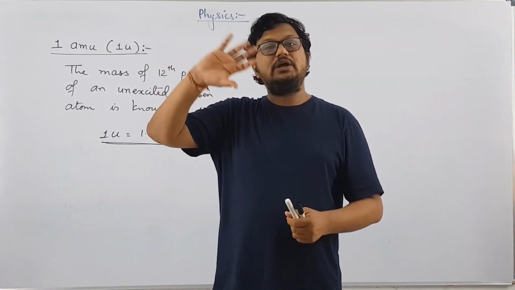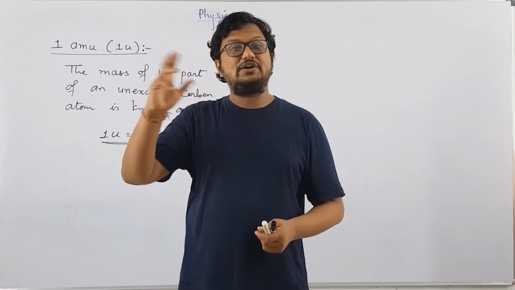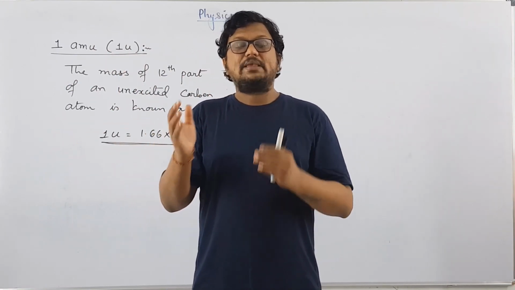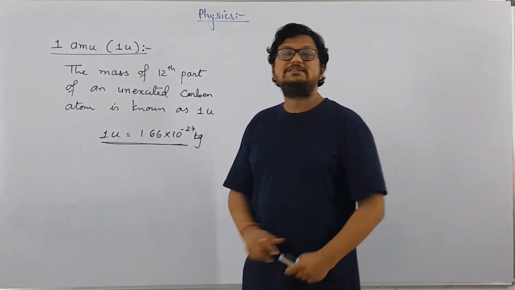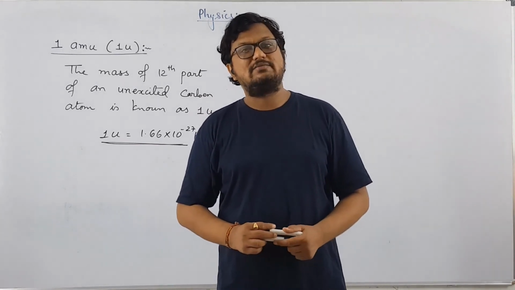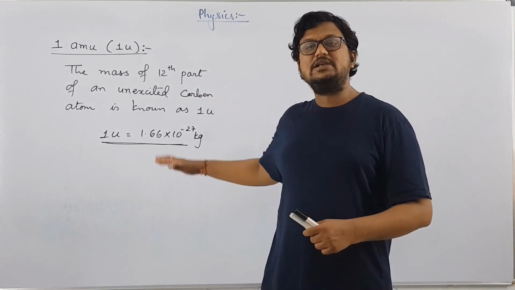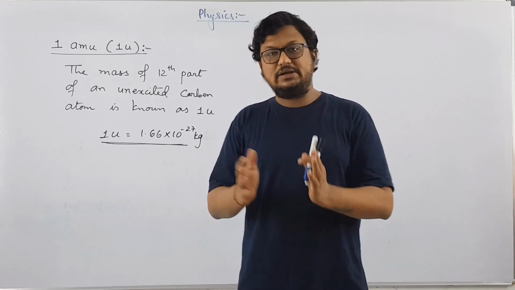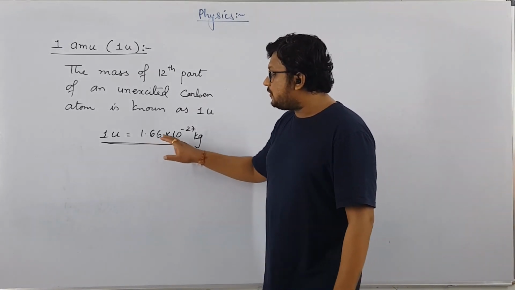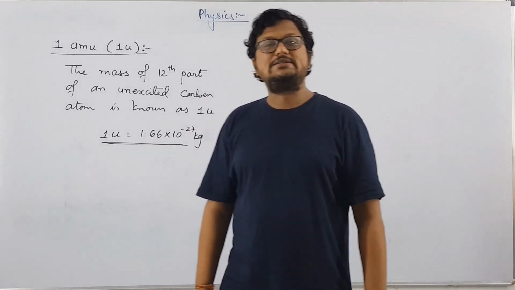Always we have to deal with 10 raised to minus 31, 10 raised to minus 27, and instead of that we have defined a smaller unit, that is 1 U, which is 1.66 into 10 to the power minus 27 kg. You can say this is nearly equal to the mass of proton, so the mass of proton is nearly 1 U, right?